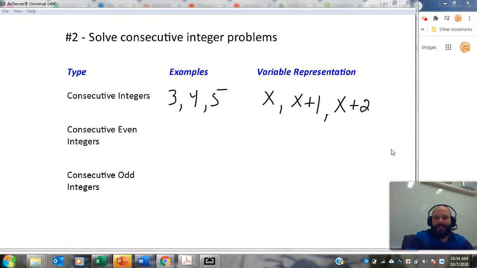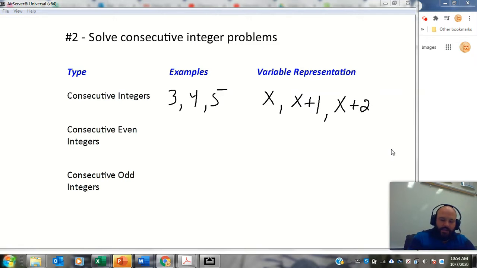And what you can see is a pattern developing: if you don't know consecutive integers, we always call the first one the variable, and the ones after that are the same variable plus however many spaces they are above the first one that we started with. Now, there are other types of problems where they'll ask for consecutive even integers or consecutive odd integers.